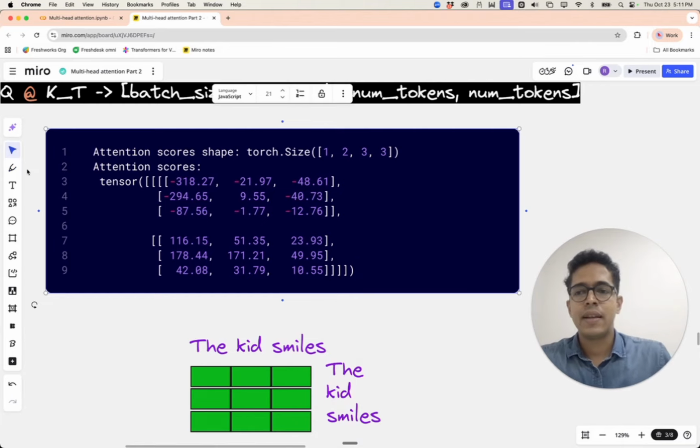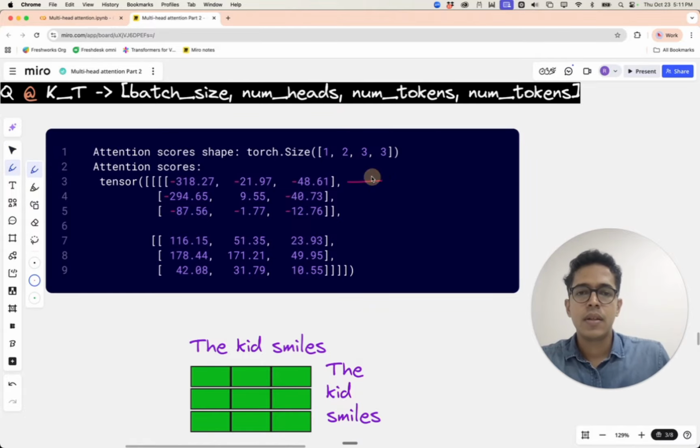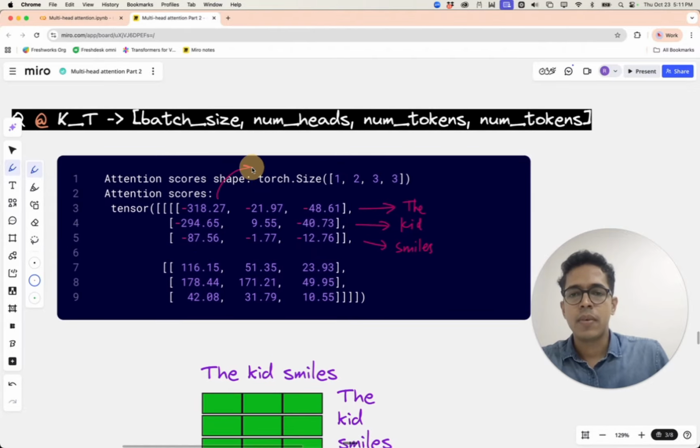So we can write it like this. This is the query, this is the query kid. This is the query smiles. Similarly, this column is the key, this is the key kid. This is the key smiles.